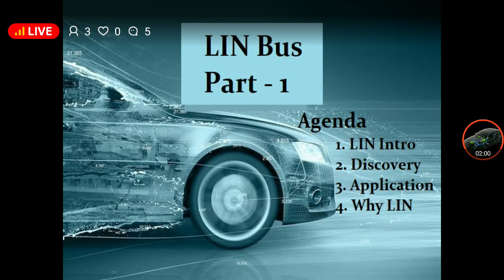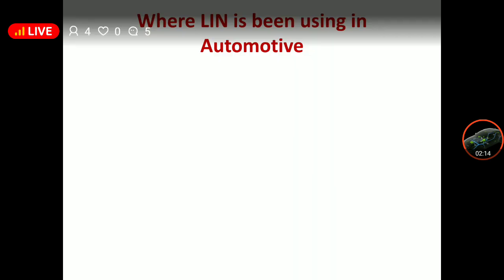So LIN bus is also a kind of bus, like CAN. I guess you might be aware of the CAN protocol. In the same way, LIN is a kind of bus used for communication. First, where is LIN used in the automotive industry?